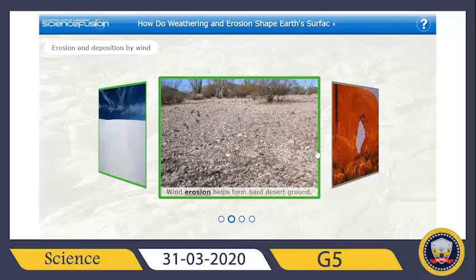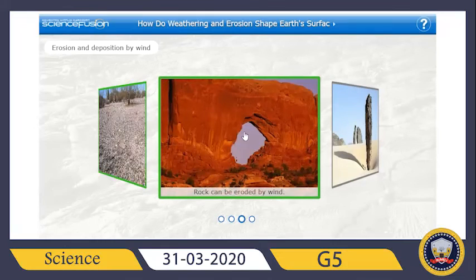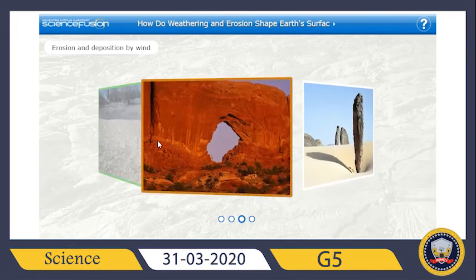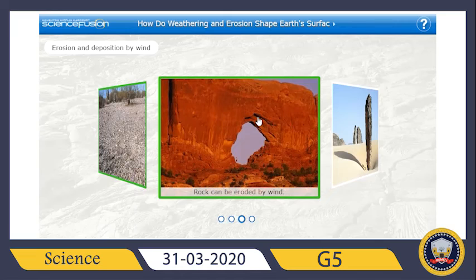What else do we have? Wind erosion can turn a fertile place into desert, or it can build holes inside the rocks. Over time, wind breaks bits of the rocks and moves those pieces to other locations, and we may have these types of arches.